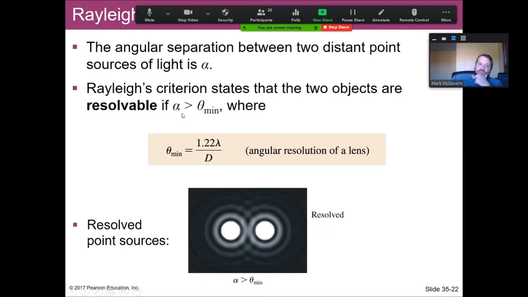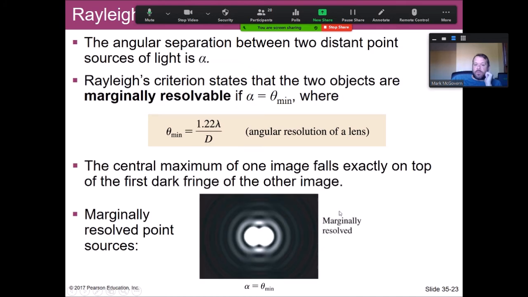If your angular size is larger than that, then you get a resolved image. In this image we have a minimum angular size for these two dots, and if the angle between the centers of those dots is greater than that, then you're going to see both sources. Some of their rings blend together, but they're easily resolved.